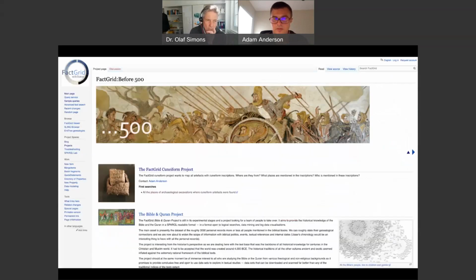The FactGrid project is largely going to focus around the prosopography, since that's been my work for the last decade, and I think it's very fitting. The only other project in this 500 BC range or before is on the Bible and Quran, where they gave URIs to each chapter and verse of the Bible, along with each name that's mentioned in the Bible.